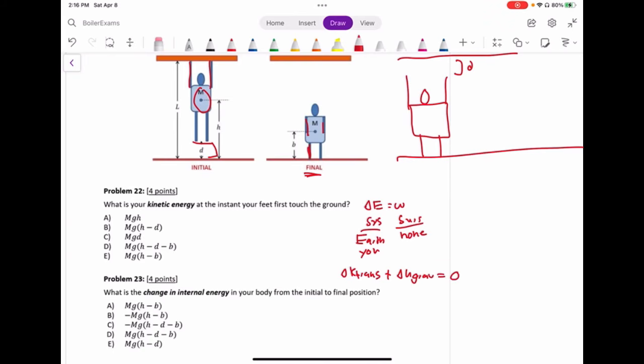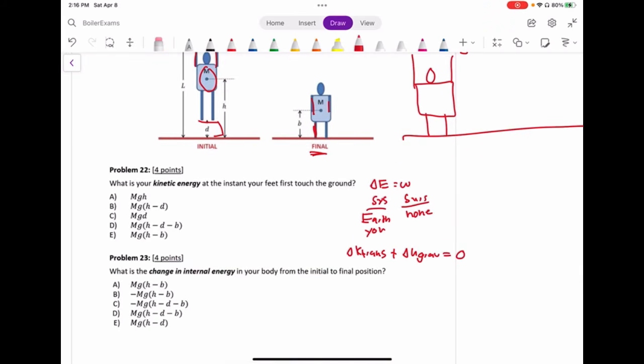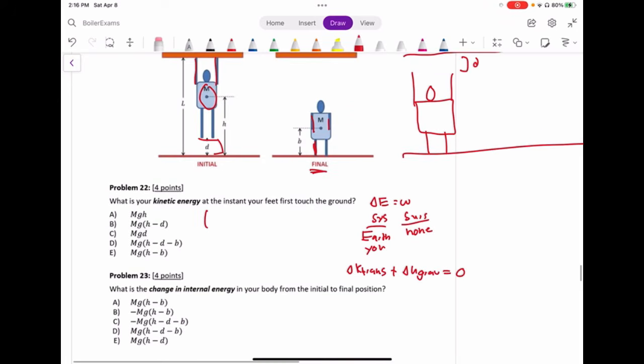And there's nothing in our surroundings. Nothing's doing work. I'm going to do this over here now. Initially, we have no kinetic energy, velocity equals 0. Finally, we have v_f, which equals something. So final half m v_f squared minus 0. Gravity, initially, let's make this h equals 0, like the ground.